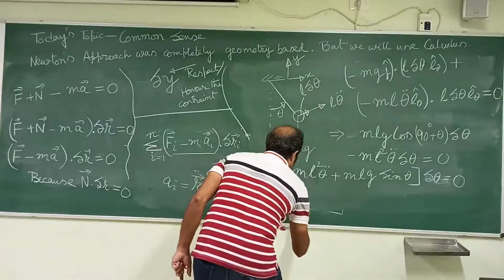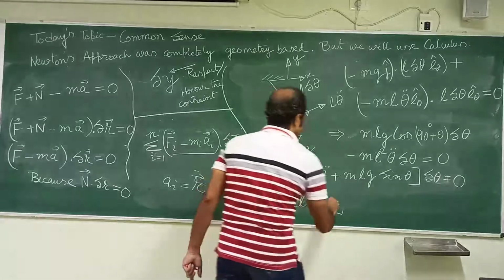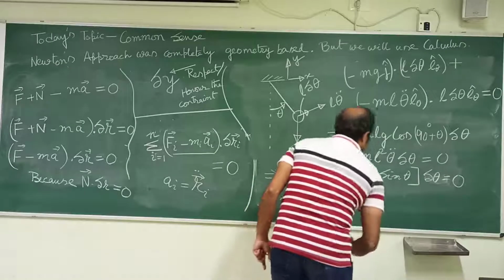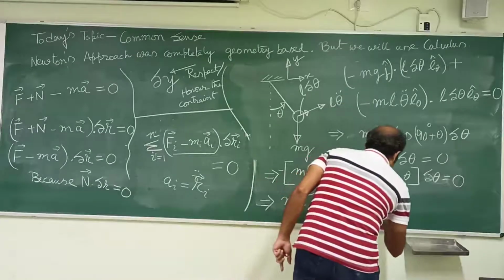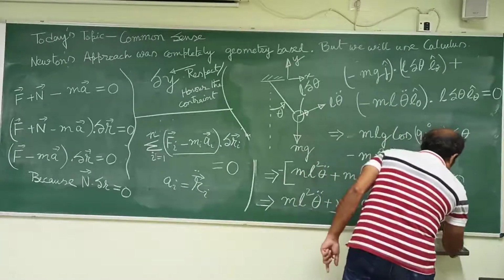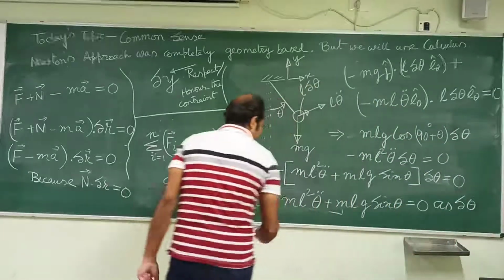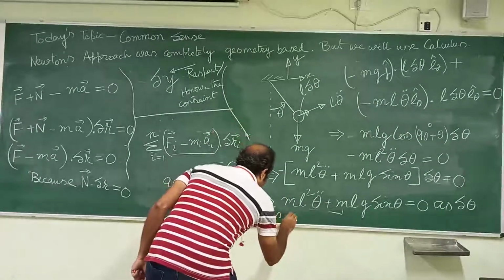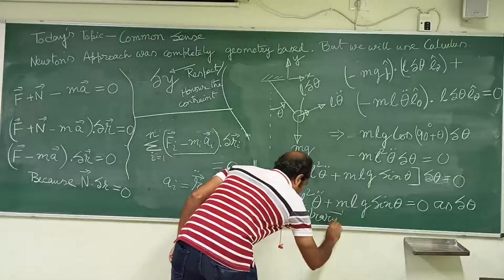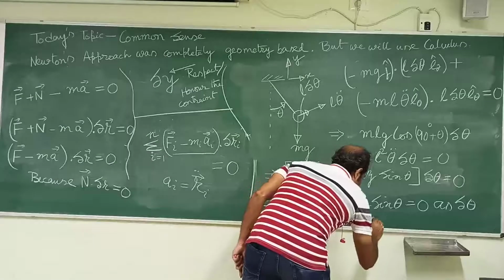Which leads to m L square theta double dot plus m L g sin theta is equal to 0, as delta theta is arbitrary and non-zero.